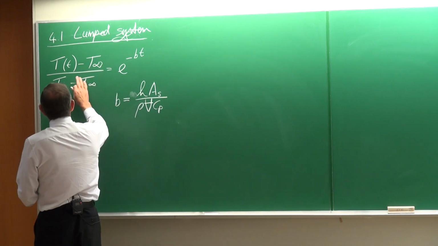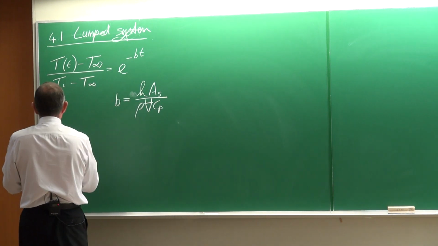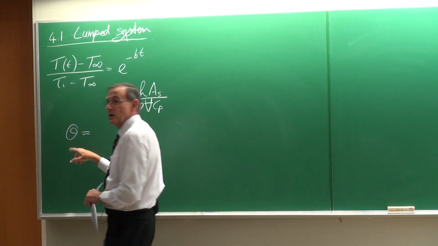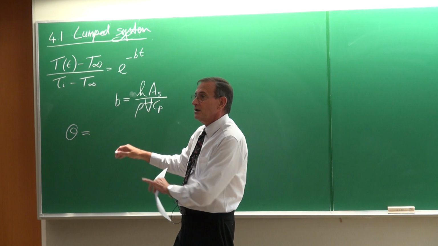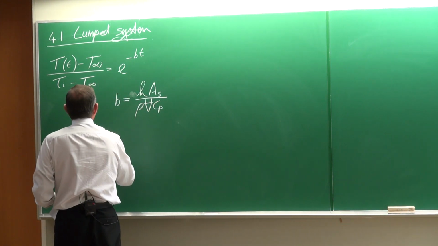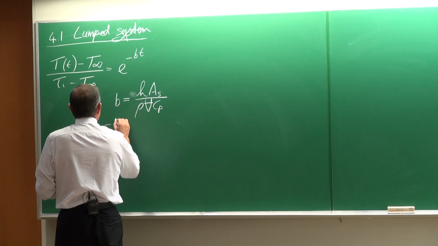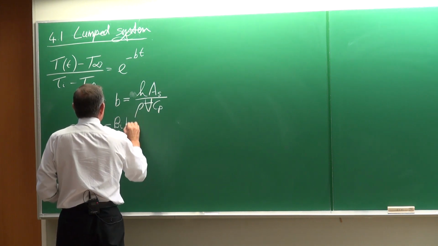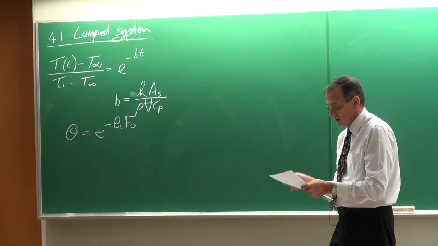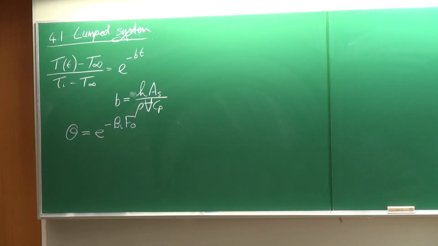However, you will later on see that this equation can also be written as theta, which is the non-dimensionalized temperature. Be a little bit patient, we're going to get to it just now. It is equal to e to the minus the Biot number multiplied by the Fourier number. So you can also express it like that. The non-dimensionalized temperature is equal to e to the minus dt.